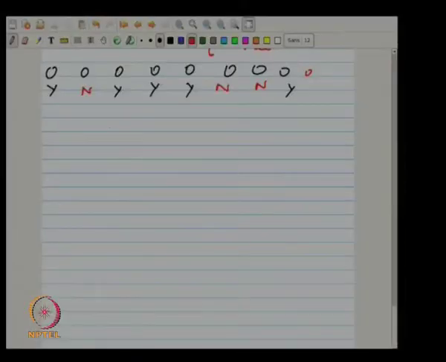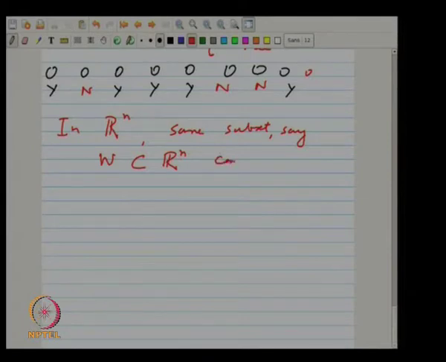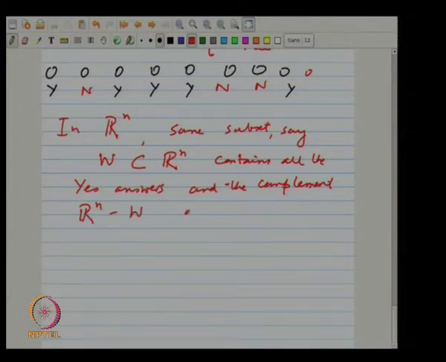Right. So, what is the space I am talking about? I am actually taking you to R to the power n, right. So, in R to the power n, some subset, say W, contains all the yes answers, and the complement are the no answers.